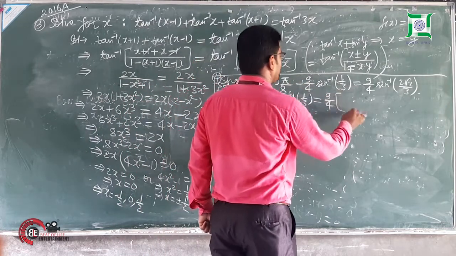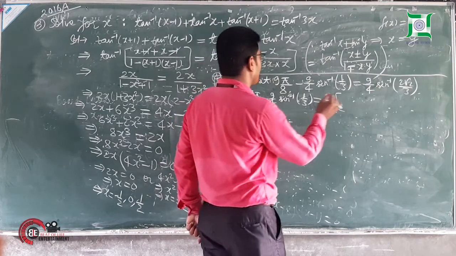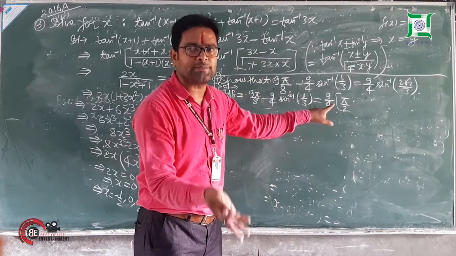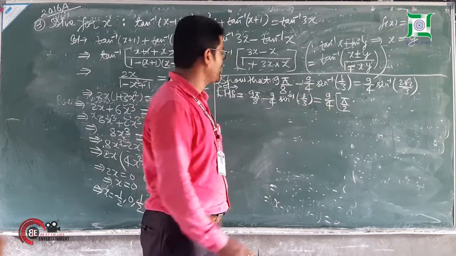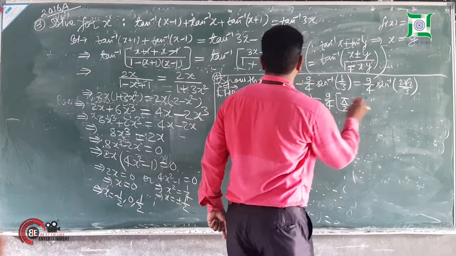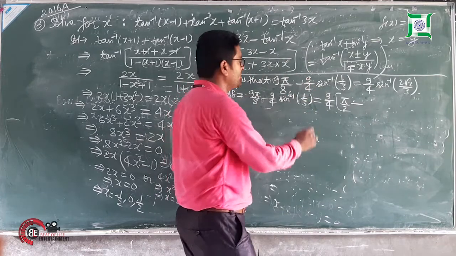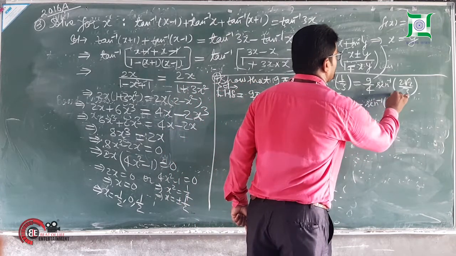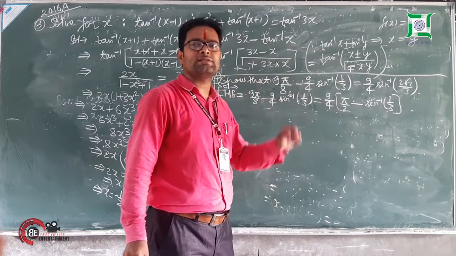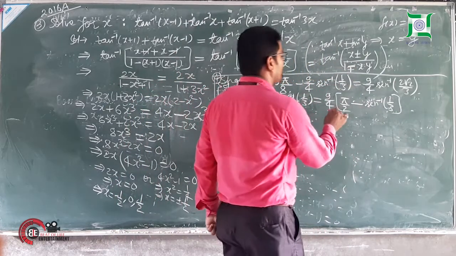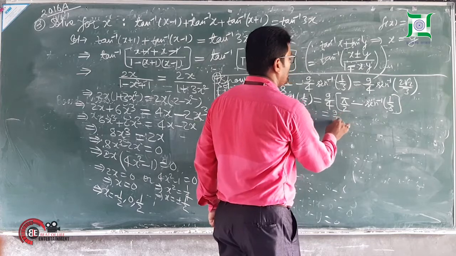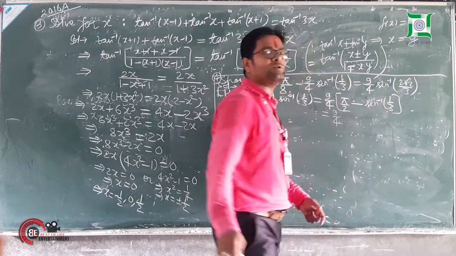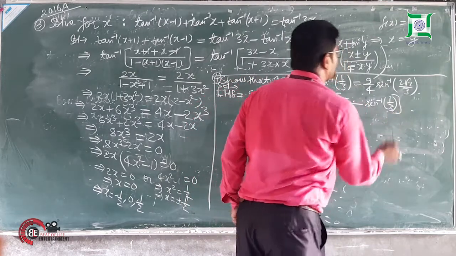It will be left with 9 by 4 common, and pi by 2 is left. If you multiply, you will get the same result: 9 pi by 8. Now it is pi by 2 minus sine inverse 1 by 3, with 9 by 4 already taken common. So it is 9 by 4 into pi by 2 minus sine inverse 1 by 3. What will be the result?